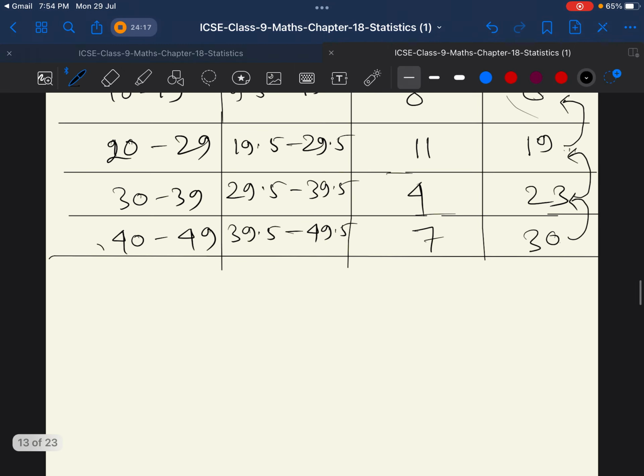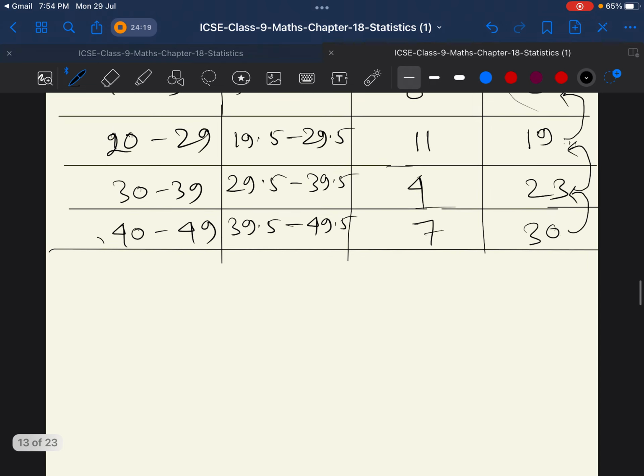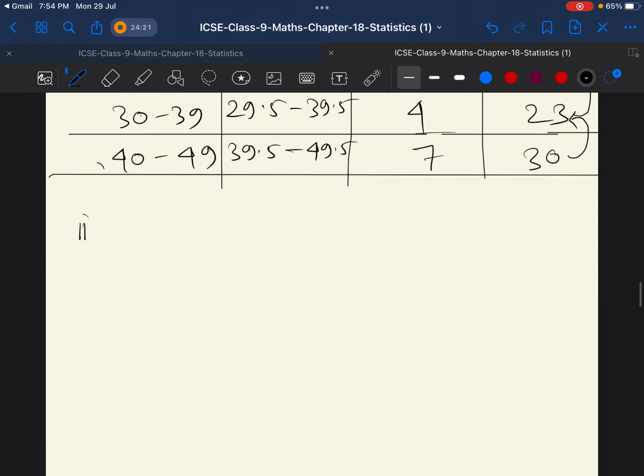Okay, now this is question 1 and question 2. You see class interval, this is the exclusive distribution table, so we don't need to convert.